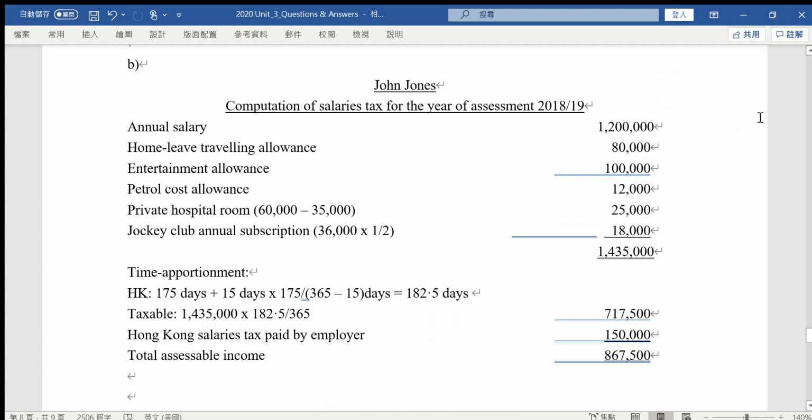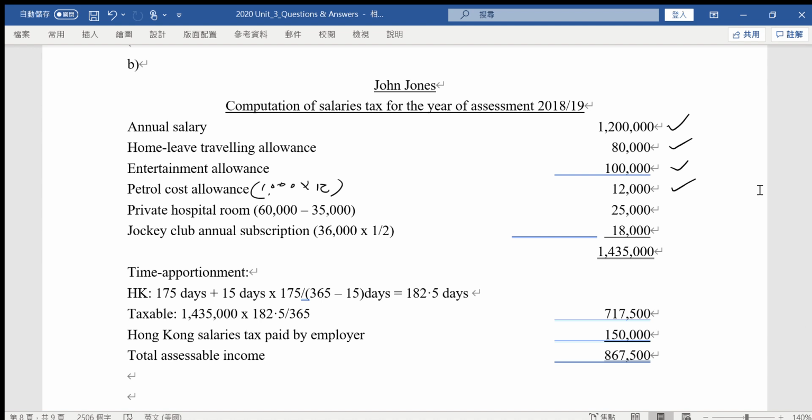Okay, first of all, annual salary, home leave travelling allowance, entertainment, petrol costs. Now you had better show the working right here, and that will be more clear about how you work out the figures. In case you work it out wrongly, you still have the working marks.